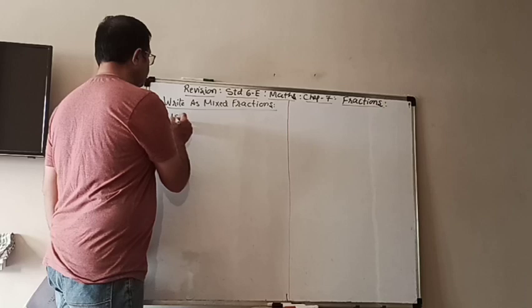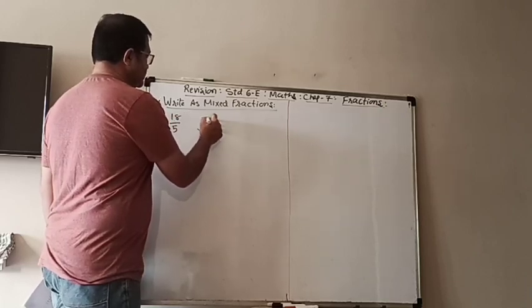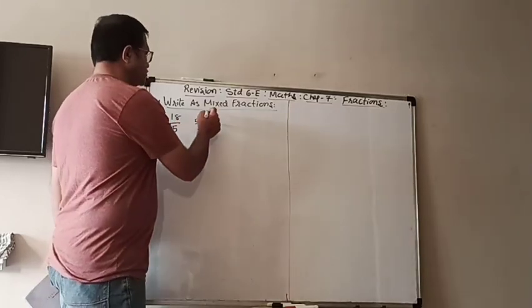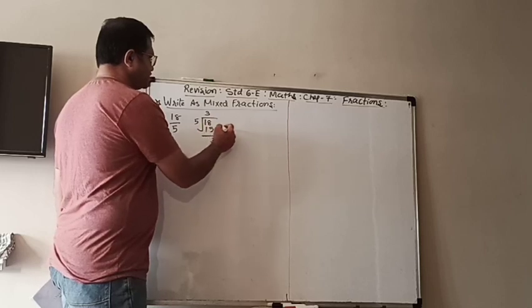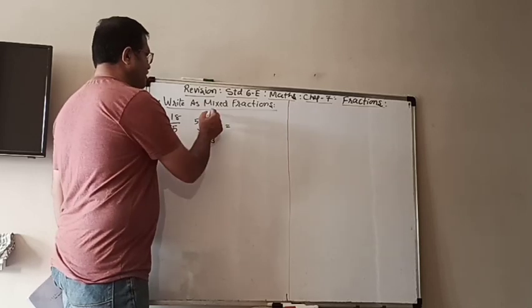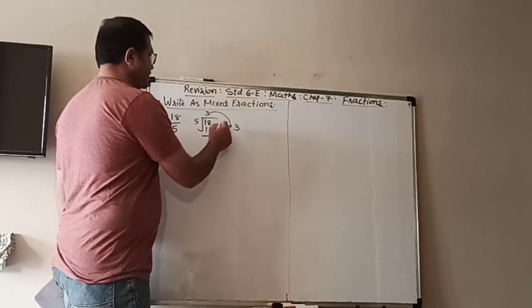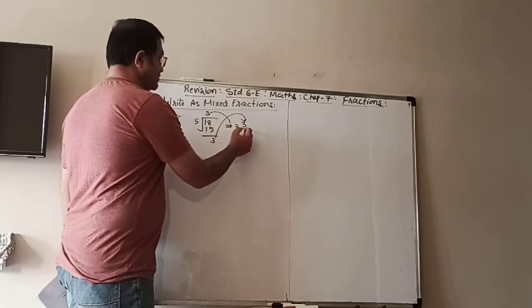18 upon 5. Now for that you have to divide 18 by 5. 5 3s are 15 and the remainder is 3. So then you write down the quotient first, the remainder on the top and the same denominator again.